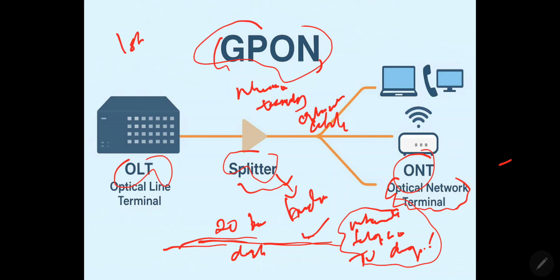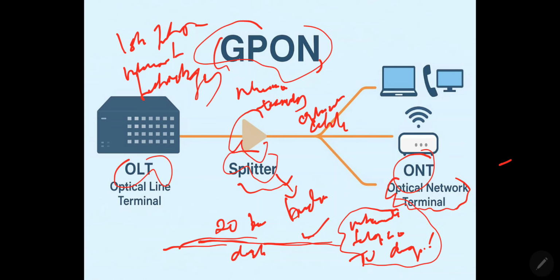GPON is the best network technology. And one more advantage of this GPON is using a splitter without power, or we can call it a passive splitter, with no need for power, so it saves your money.